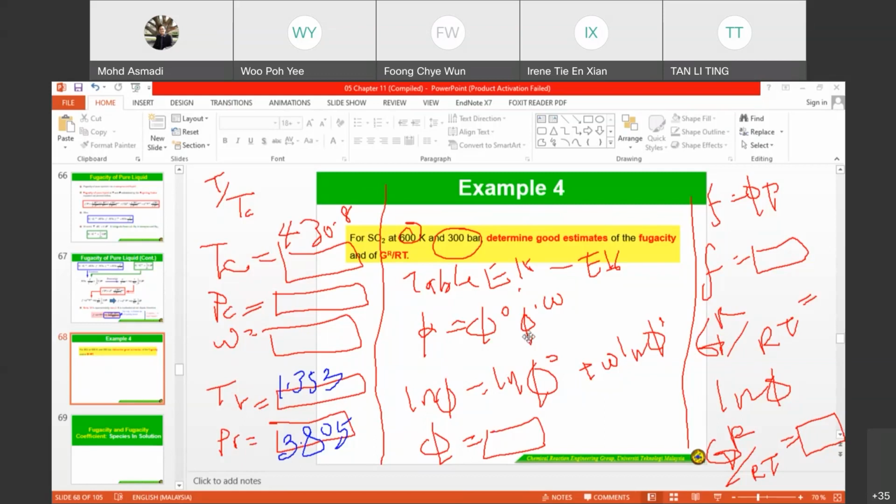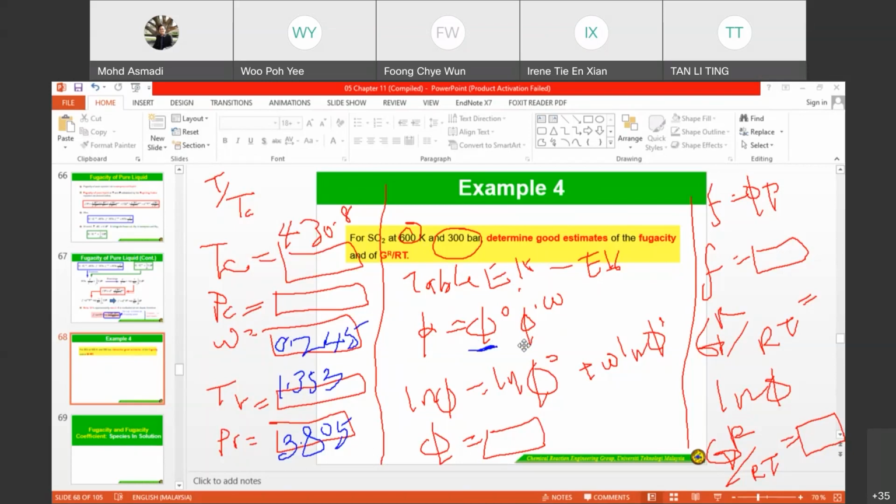Okay, so what's the value of phi naught and phi prime? So omega is 0.5. What is the phi naught and phi prime?